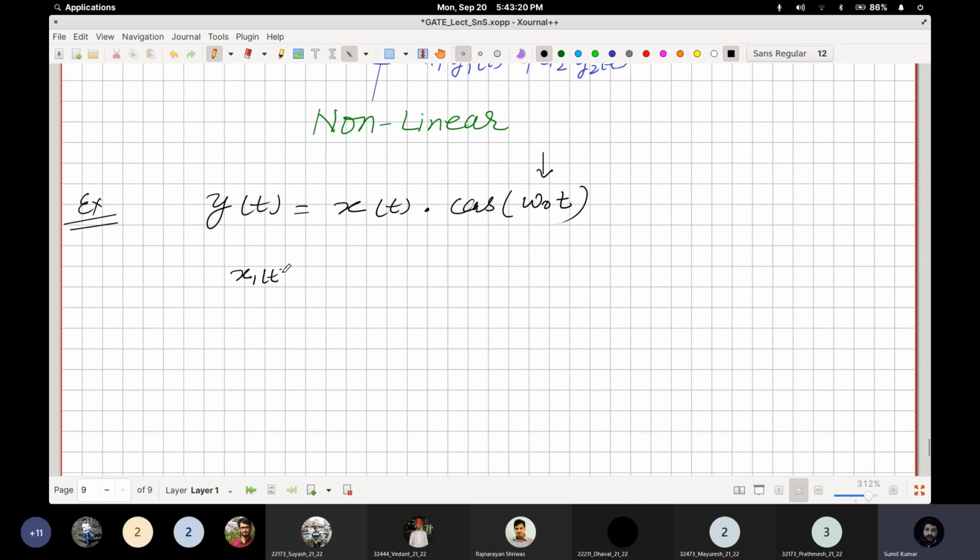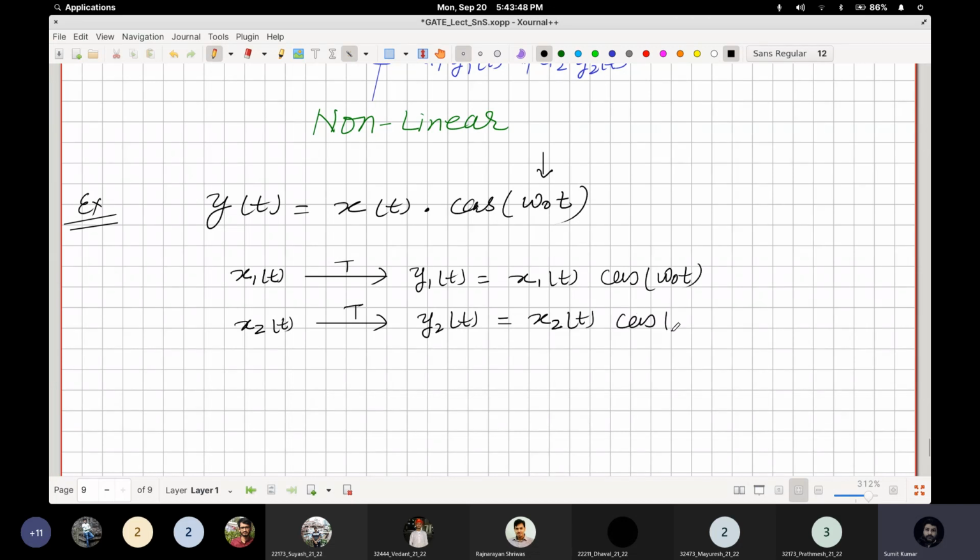If x1 t is the input to the system, what is going to be the output? y1 t, isn't it? And that will be equal to x1 t times cos omega naught t, isn't it? And similarly, if x2 t is the input to the system, let me assume that output is y2 t, and this y2 t will be equal to x2 t times cos omega naught t, isn't it?